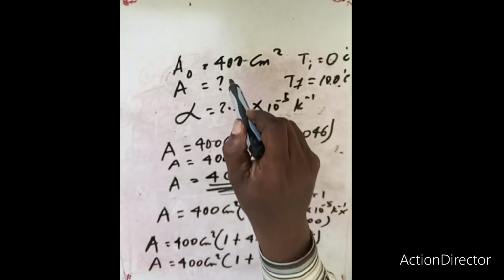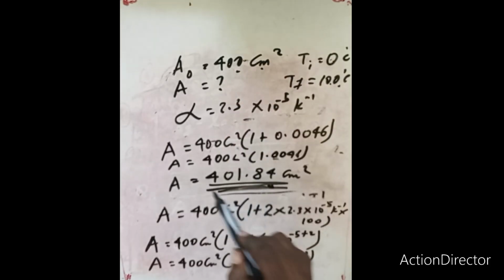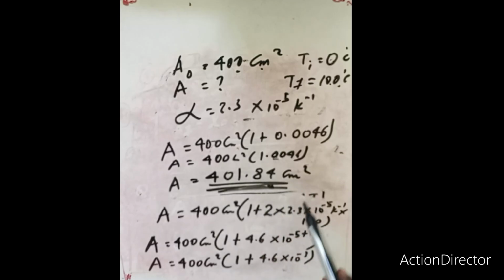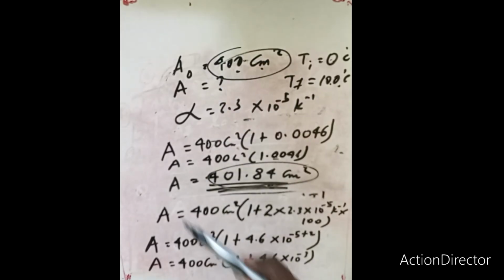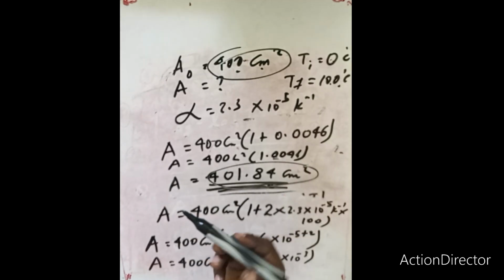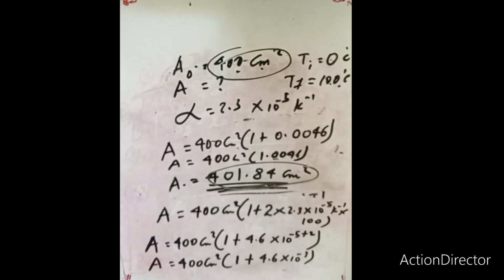So the area will change from 400 centimeters square to 401.84 centimeters square. This is the change in area. Actually, this is the final area; the change in area is final minus the original. From the given alternatives, let's look at the options we have: 409, 401, 400.